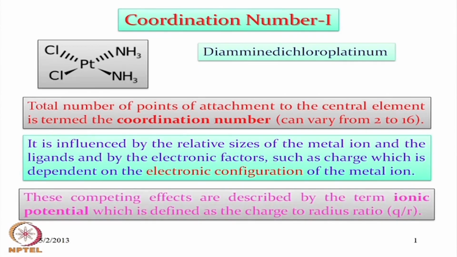So, these size factors definitely play a tremendous role not only in coordination number for different metal ions in metal complexes, but also in biological systems dealing with metal ions.